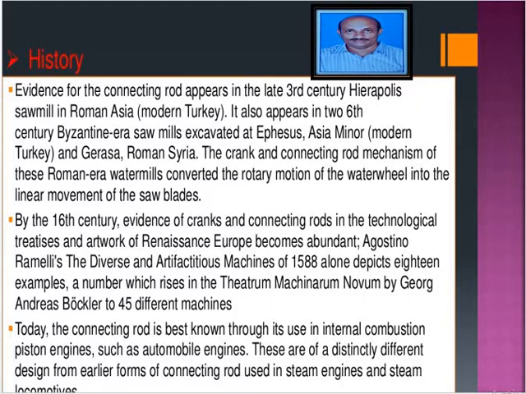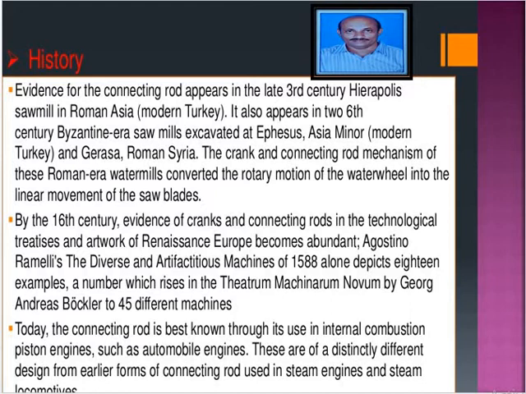It also appears in 6th century Byzantine era sawmills excavated at Ephesus in Asia Minor, modern Turkey, and Gerasa in Roman Syria. The crank and connecting rod mechanism of these Roman era mills converted the rotary motion of the water wheel into linear motion.